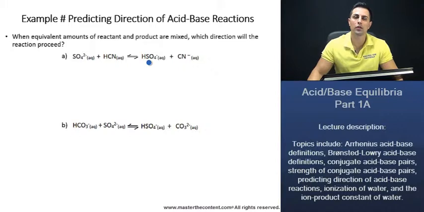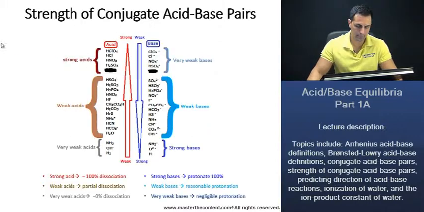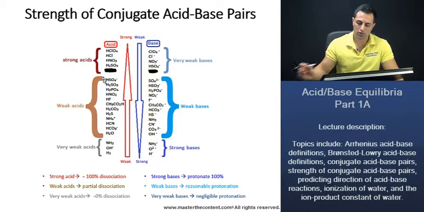Well, we can just go back to the chart that we had. We see here we have hydrogen sulfate up here, and then we have hydrocyanic acid down here. Like we said earlier, take note of the direction of acid strength and the direction of base strength. We see that acid strength is increasing this way. Hydrogen sulfate is going to be our stronger acid.